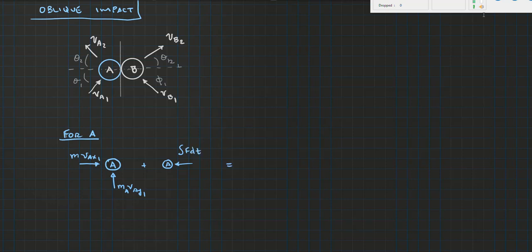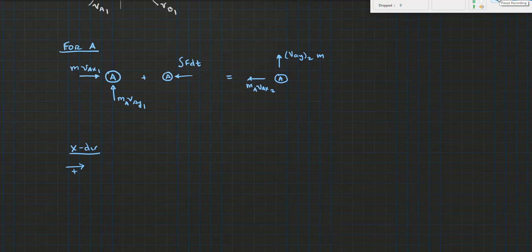This is then going to result in our A particle with different momentum in, well, it's actually going to end up with the same momentum in the y direction, we'll see that in a second. But with momentum in the y direction and different momentum in the x direction in general, m A v A x 2.